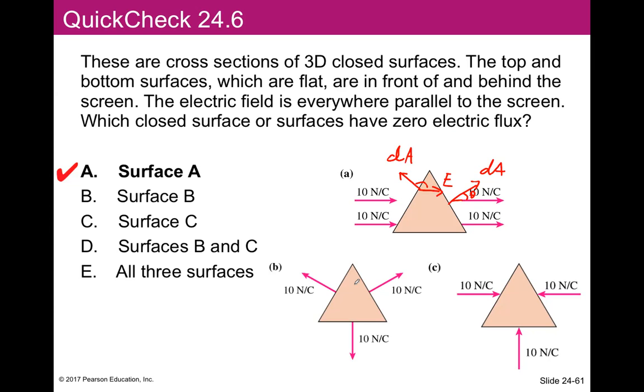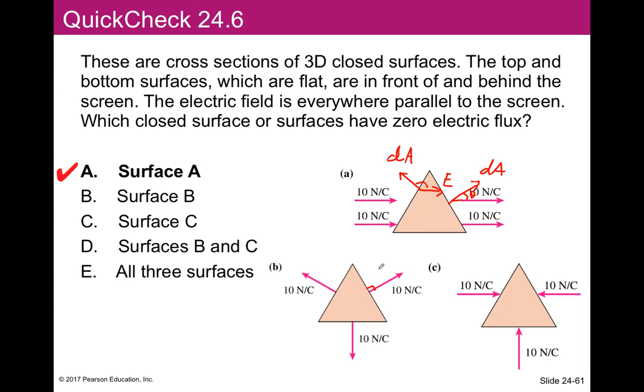Let's take a look at option B. E is perpendicular to the surface. So is it positive or negative flux on the right side of the surface? Positive, because E and dA have the same direction.